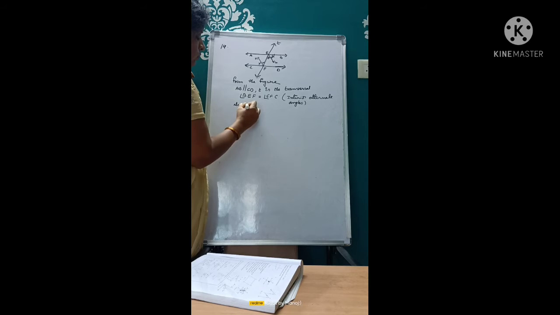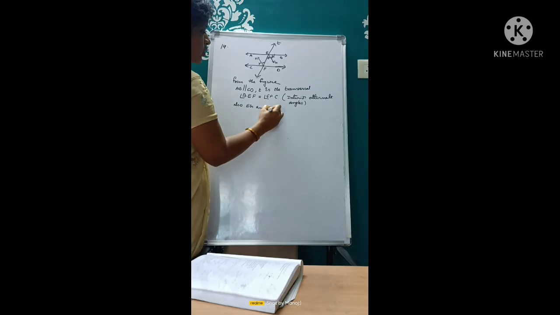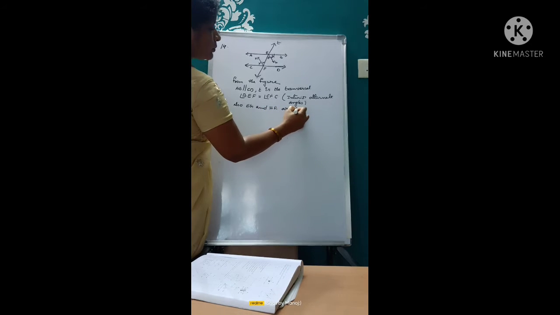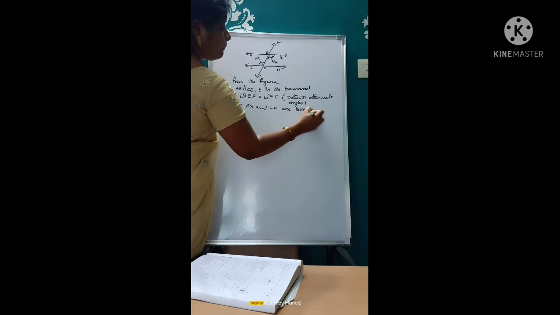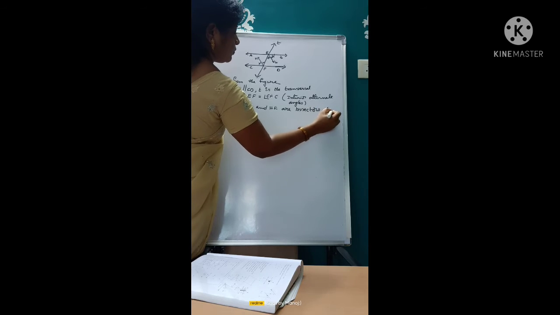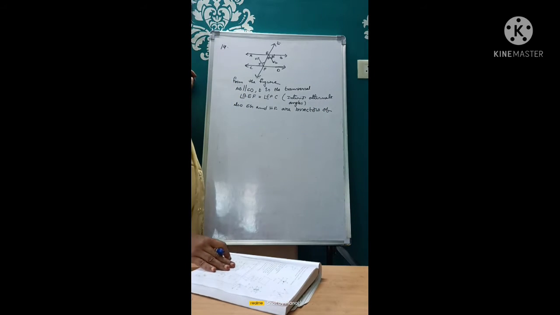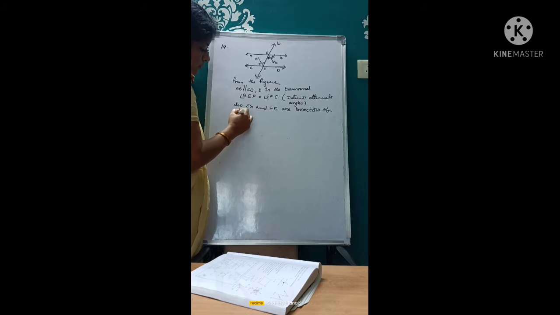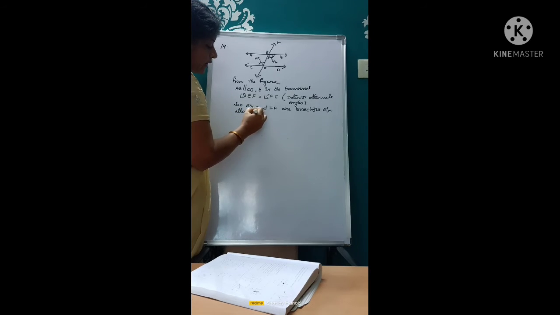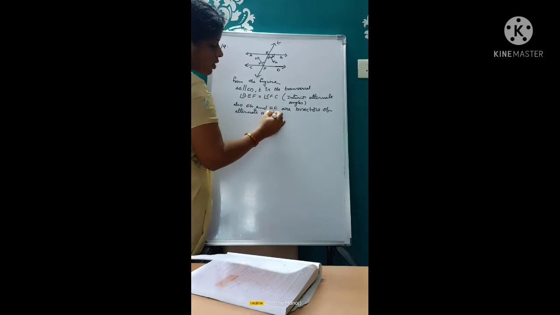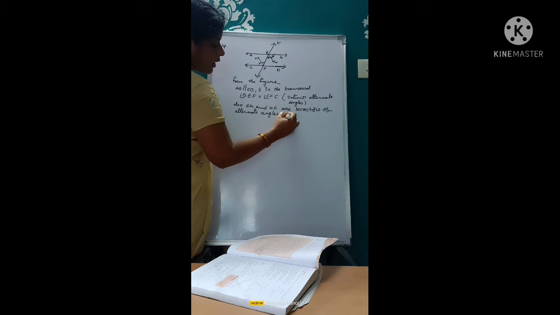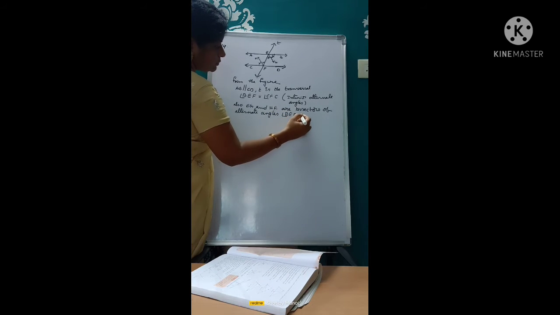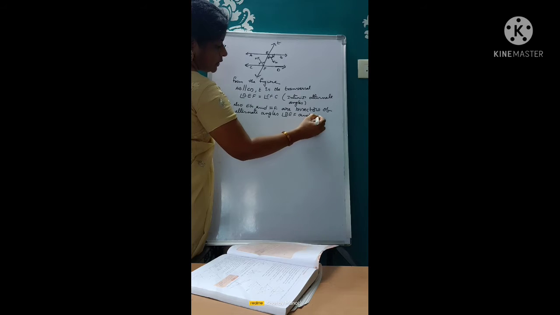Also, EG and HF are bisectors of the alternate angles, angle BEF and angle EFC.